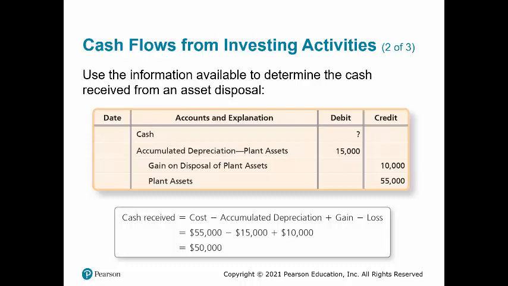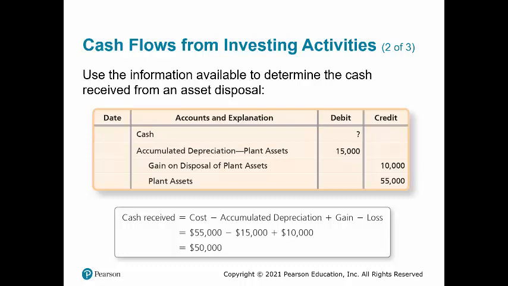We saw from the T account that we had a credit to plant assets of $55,000. We also saw from the accumulated depreciation account that we had a debit for the accumulated depreciation on those assets of $15,000. So from that we can see that the book value of the assets that were disposed of was $40,000, $55,000 minus $15,000.